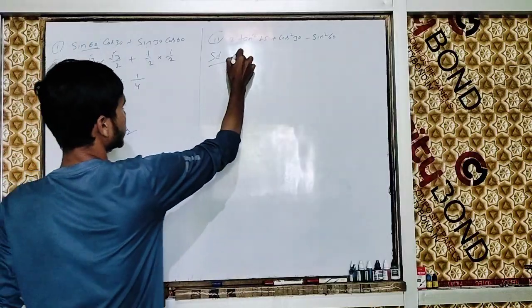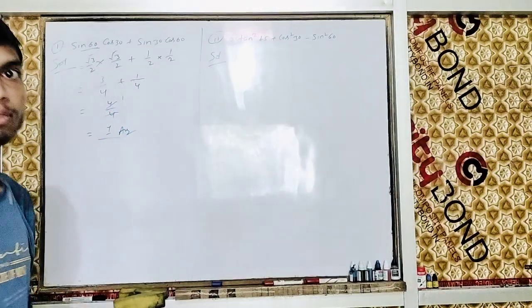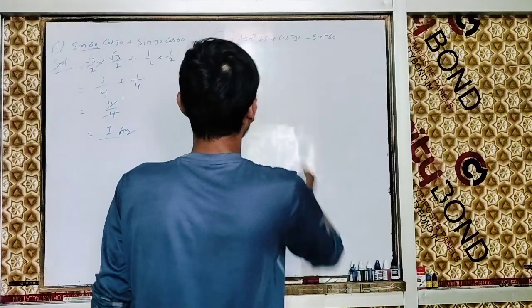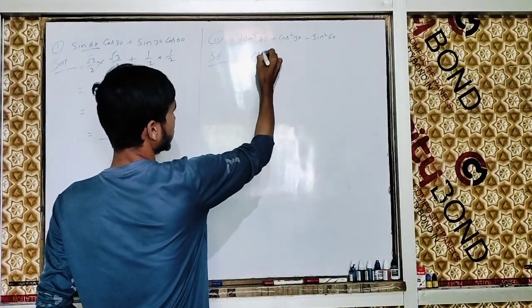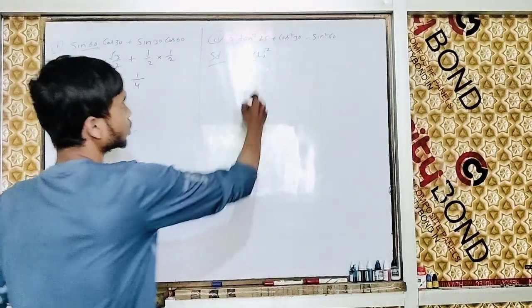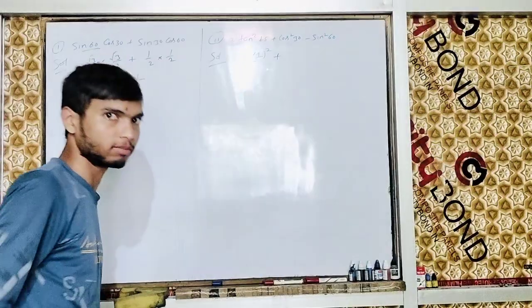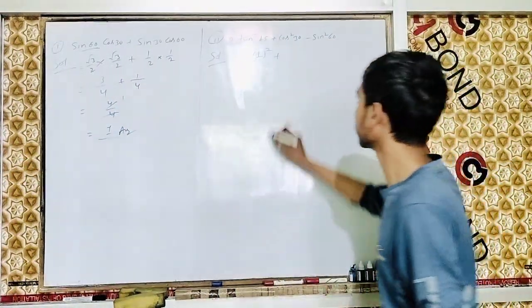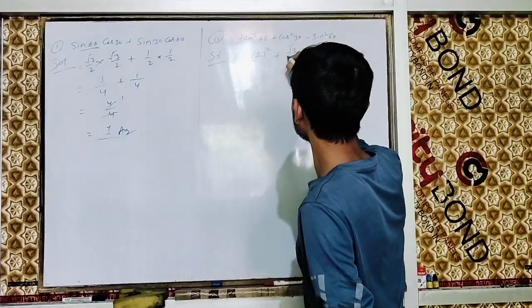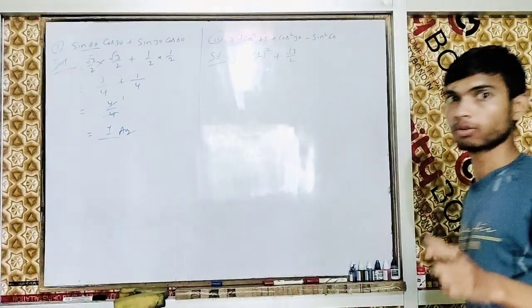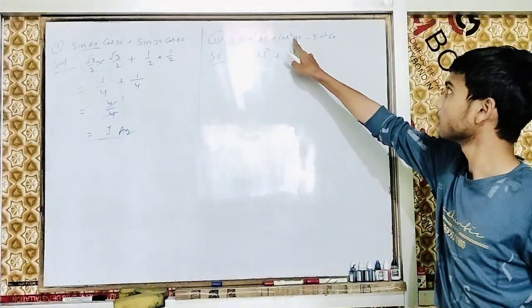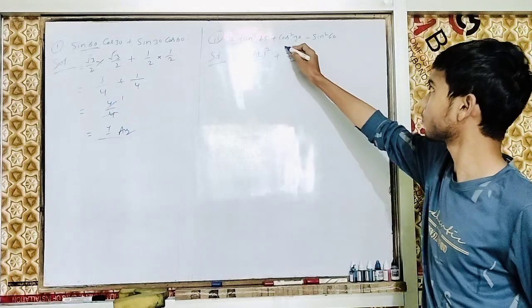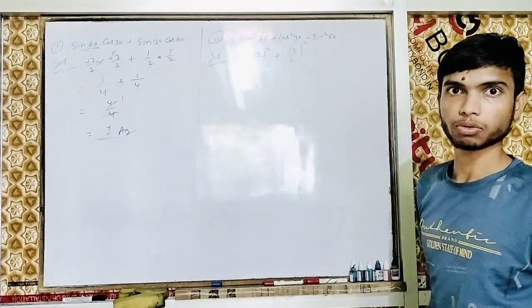Tan 45 is nothing but 1. And here you can see 1 is in a square. Next, cos 30, that is nothing but root 3 upon 2. And carefully look here, we have a square, so this fraction whole is in a square.